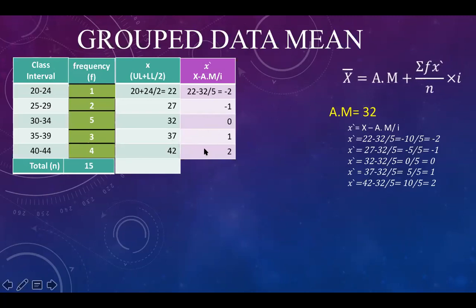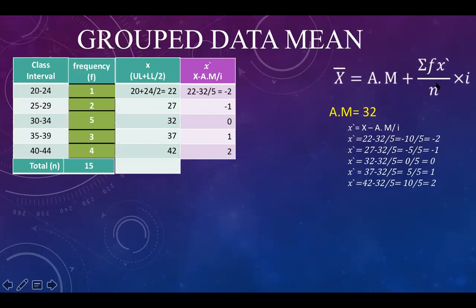And from the lower side of the assumed mean, there will be the positive deviations. If it is in decreasing order, suppose this class will be here and this class will be here, the bigger class will be at the top and the smaller class at the bottom. Then the upper side will have the positive deviations and the lower side will have the negative deviations. I hope you have got this.